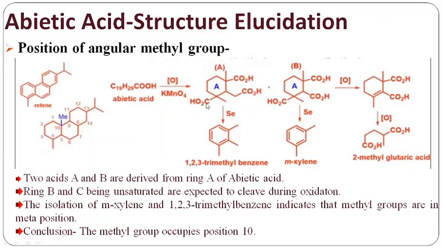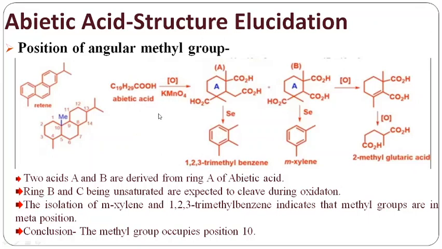One carboxylic acid is already present in abietic acid, and the other 2 carboxylic acids result from oxidative degradation of double bonds. These tricarboxylic acids on selenium dehydrogenation form 1,2,3-trimethylbenzene in one case, whereas the other converts into metaxylene. The formation of these 2 compounds indicates that the methyl groups are at the meta position to each other.